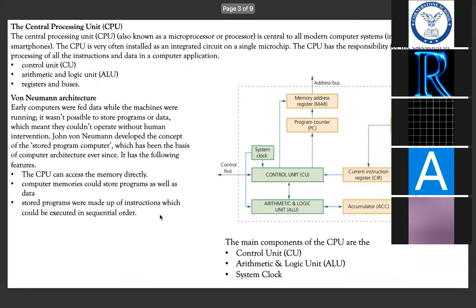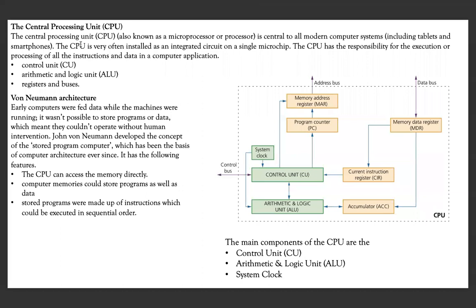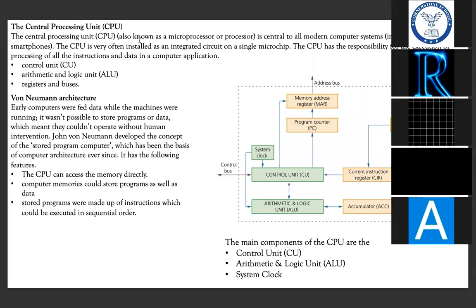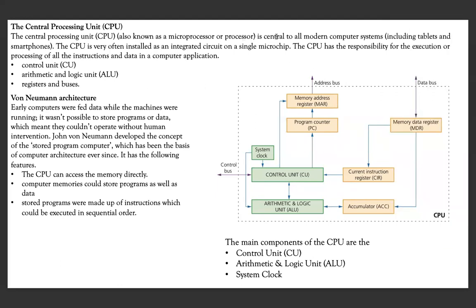Okay, so let's look at the central processing unit. The central processing unit, CPU, also known as a microprocessor or processor, is central to all modern computer systems, including tablets, smartphones, and even household devices today, which come equipped with central processing systems. The CPU is very often installed as an integrated circuit in a single chip.